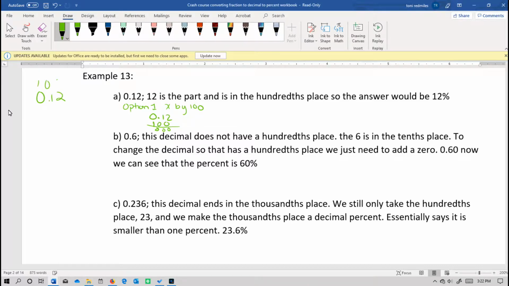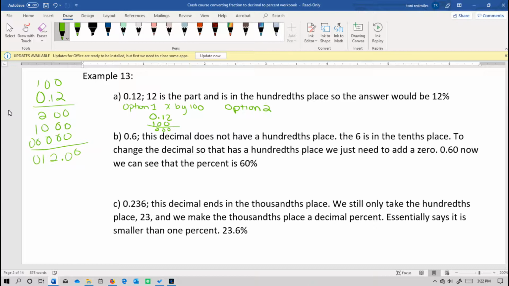Times 100. I have two decimal places. It's 12%, right?